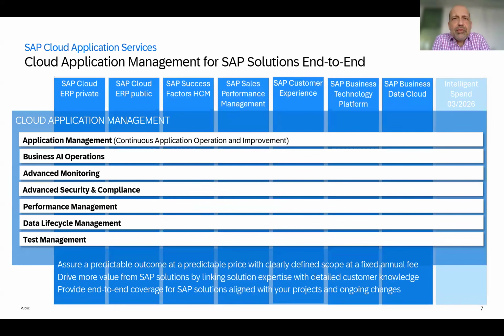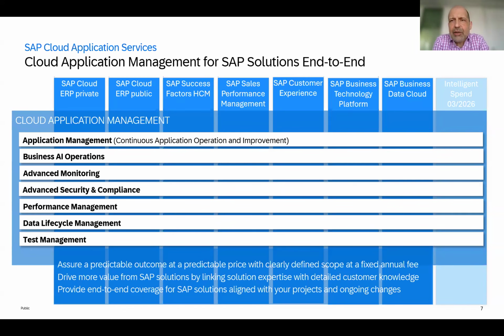Cloud application management means that you can utilize this service, or a package of these services, for all of the different lines of business. As you can see here again in the pillars, what kind of possibilities you have to utilize CAS. All the typical SAP cloud solutions, either private or public cloud, are covered by SAP CAS.